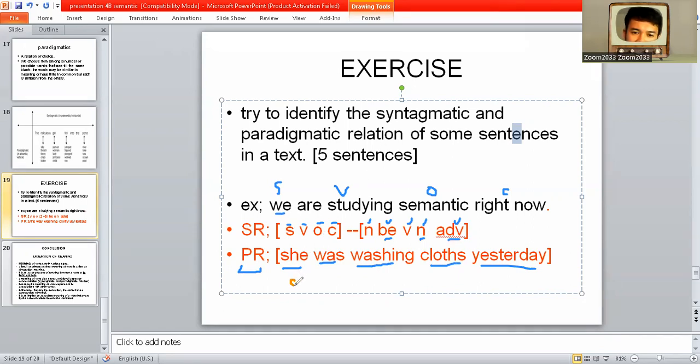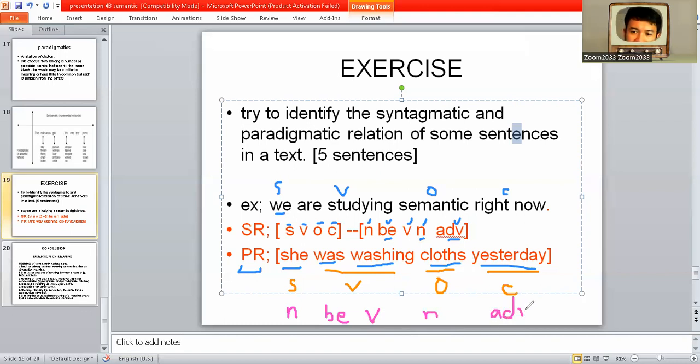So subject, verb, object, and complement. To make it more detailed: she as a noun, was as a be, washing as a verb, clothes as a noun, and yesterday as an adverb.